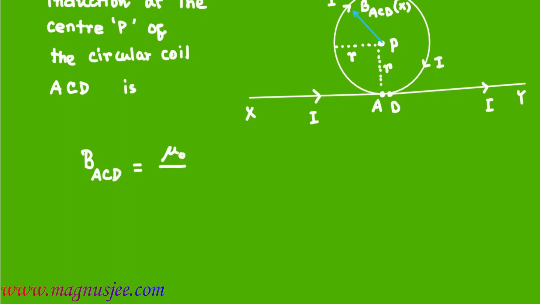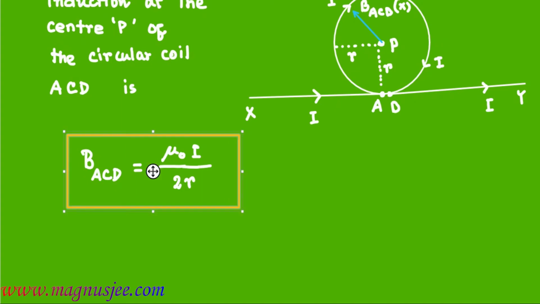Mu 0 I means the current flowing through the coil, divided by twice the radius, 2R. BACD equals mu 0 I divided by 2R.